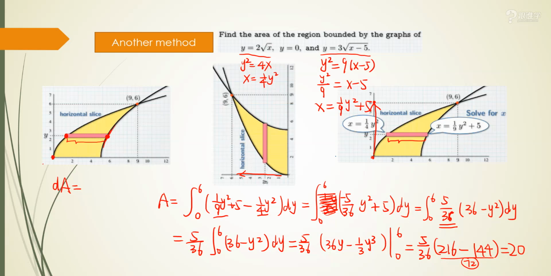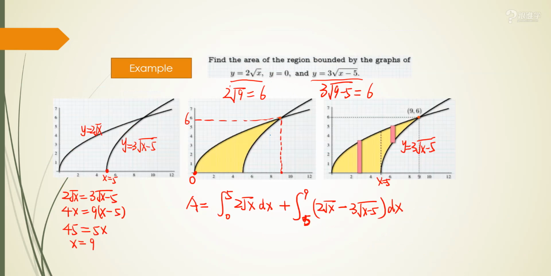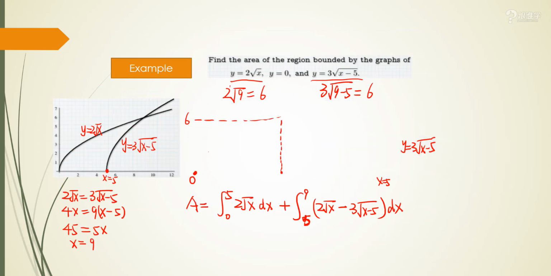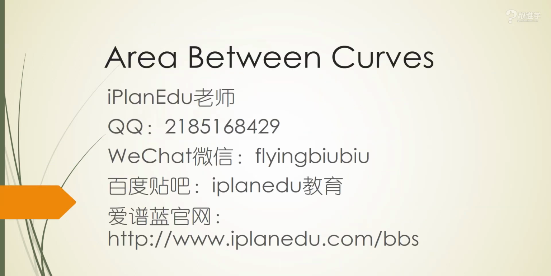Also in this example, we would have to break the region into 2 parts if we use vertical slices. So it's a good idea to change your perspective to integration with respect to y, so that you can express the integral in a single formula, rather than dividing the whole region into 2 parts. Okay, very good. So that's it.